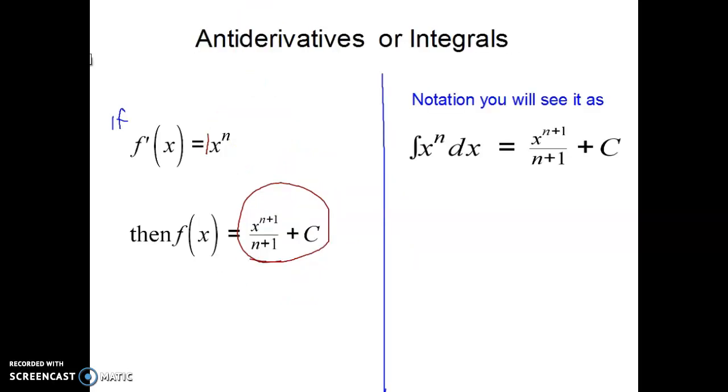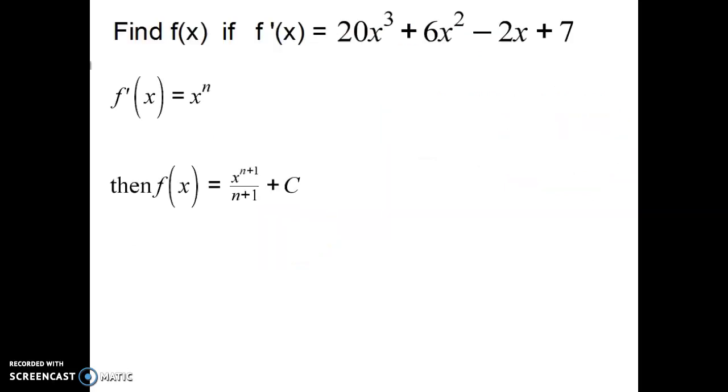Now the notation on the right is the typical notation that we will start to be using. The dx is not any kind of calculation, it just goes along with this symbol. But finding the integral or antiderivative is the same. So I'm going to go through just a couple examples to demonstrate this.